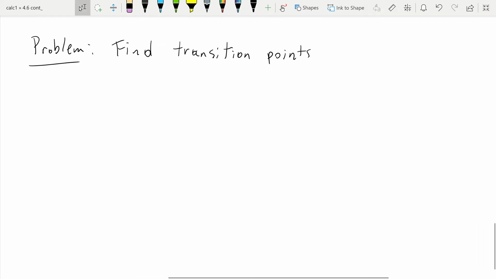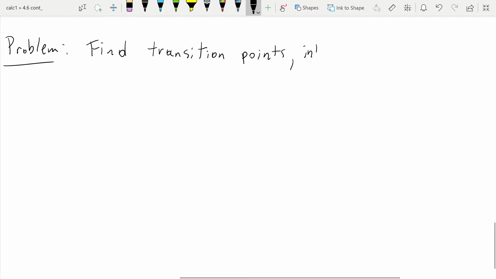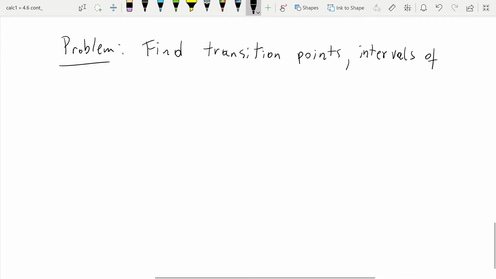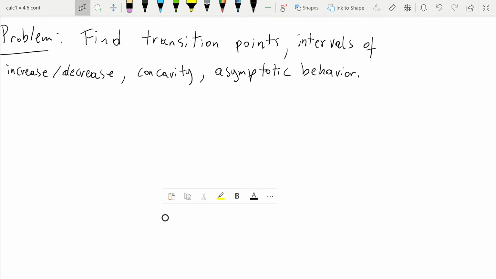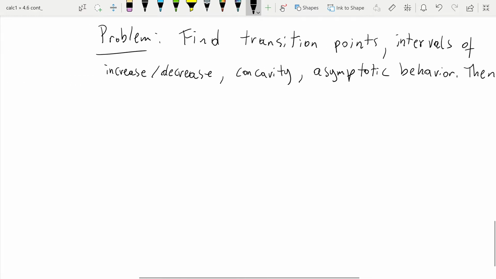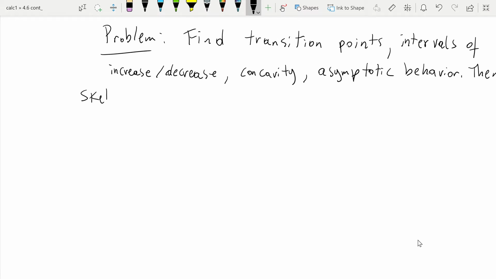So somewhere you may be asked to find the transition points, the intervals of increase, decrease, concavity, asymptotic behavior, etc. And from this, we may be asked to sketch the graph.